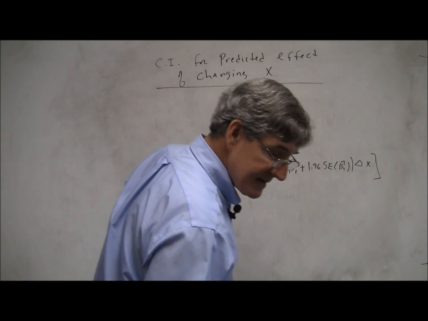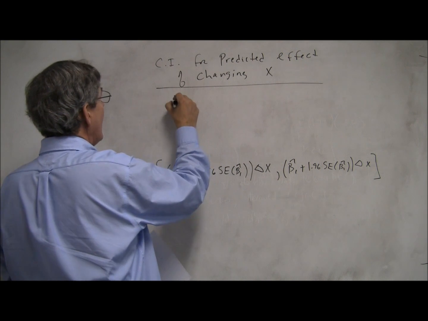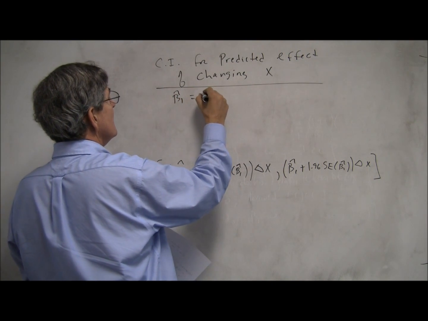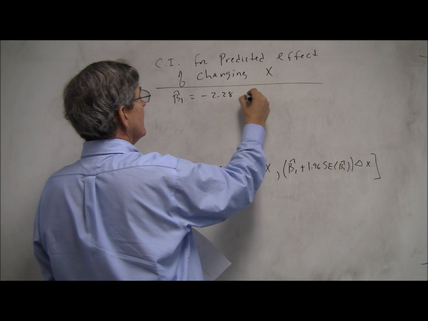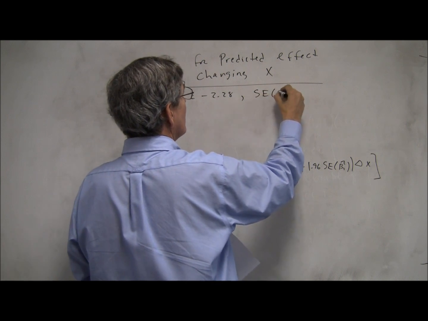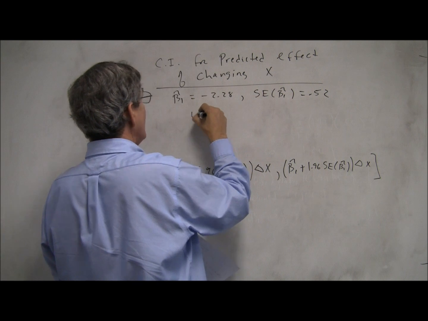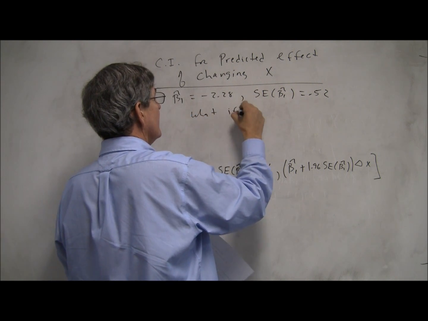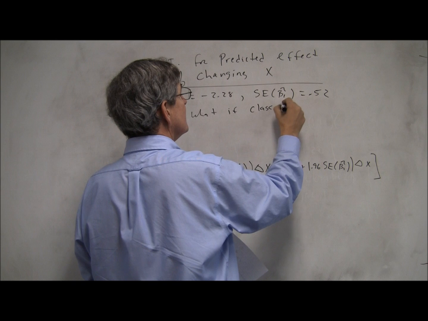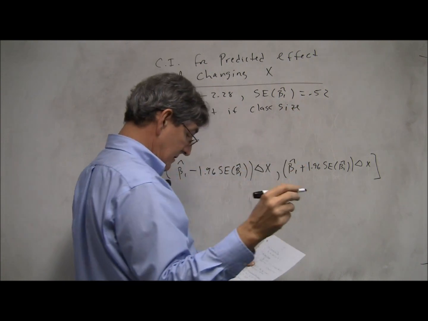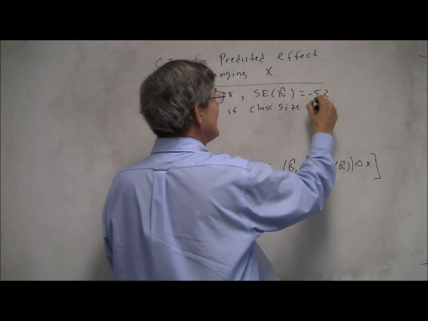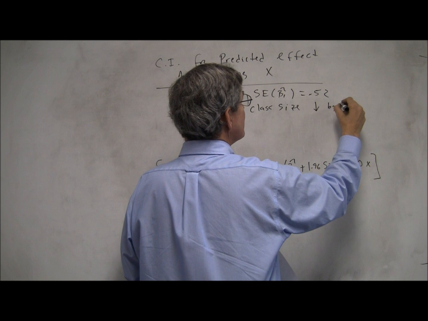For the class size example, beta 1 hat is minus 2.28. The standard error of beta 1 hat is 0.52. What if class size goes down by 2?